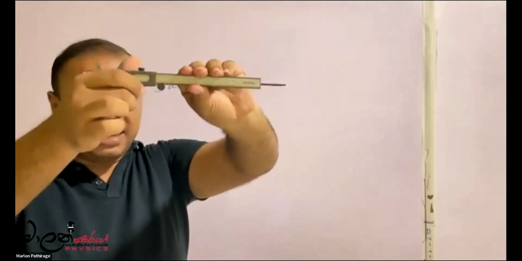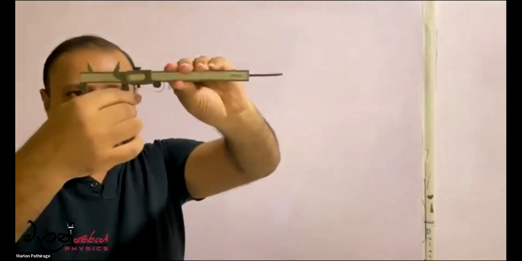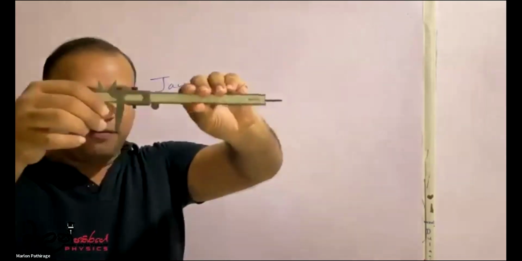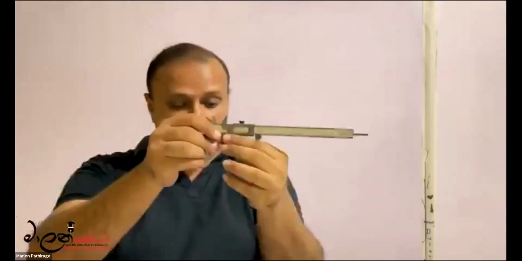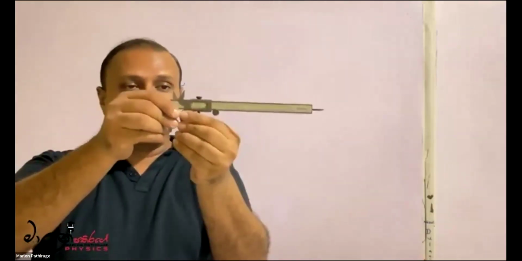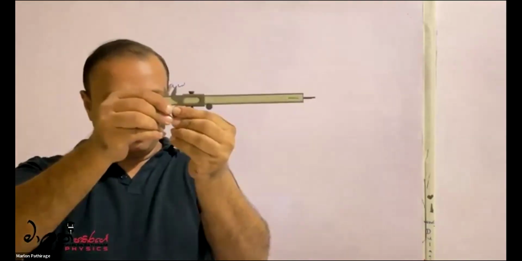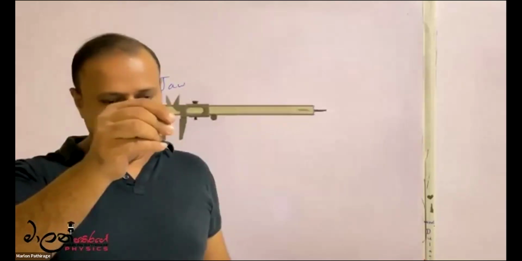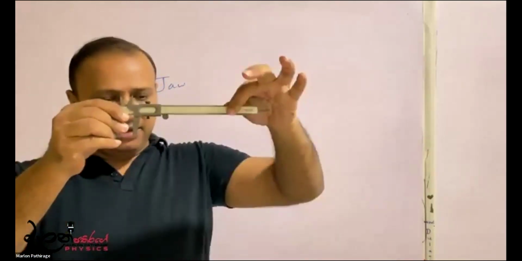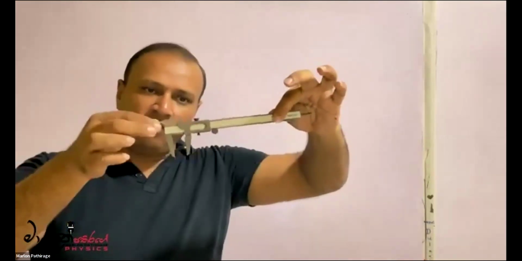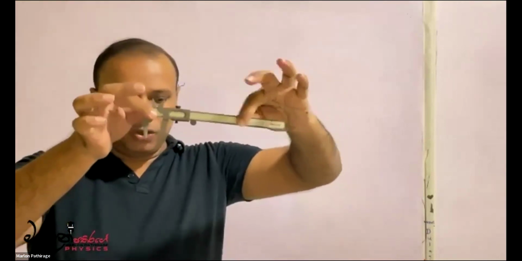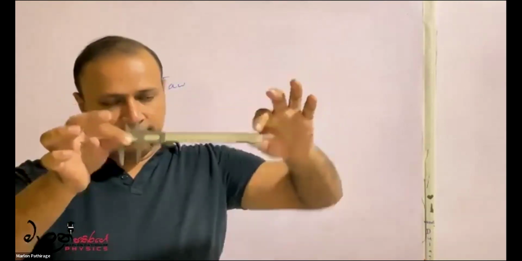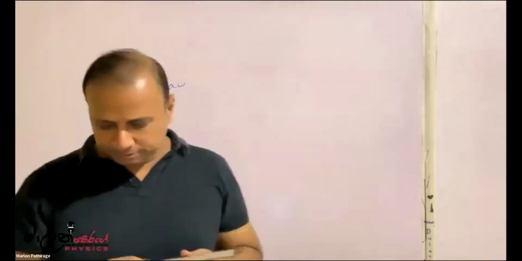The vernier scale is a sliding one, therefore we call it the sliding jaw, because it is a sliding part. It can be slid. And the main scale is a fixed one, therefore we call it the fixed jaw.